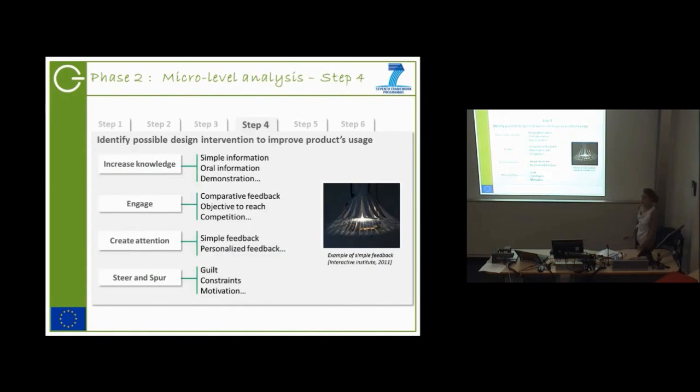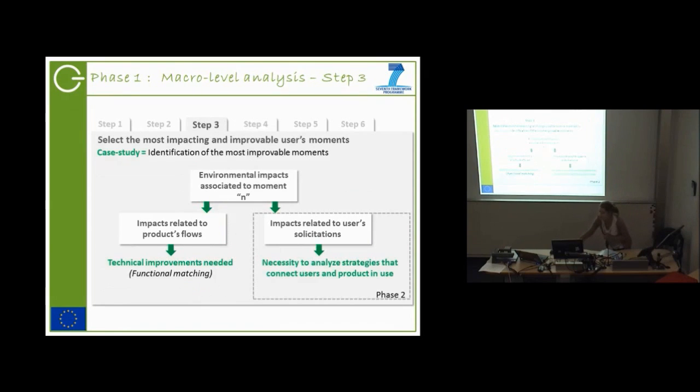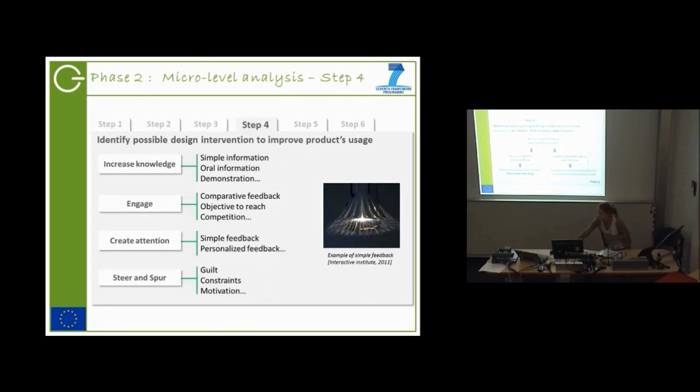Step 4 is the beginning of phase 2, which is the micro-level analysis of the use phase. This step comes after identifying that we need to find solutions to improve user solicitation. It aims to identify possible design intervention strategies to improve product usage.